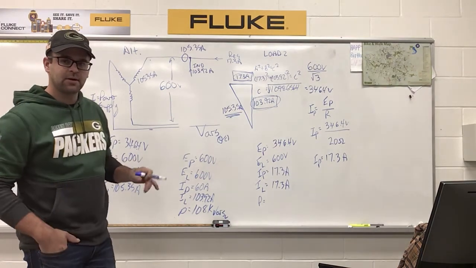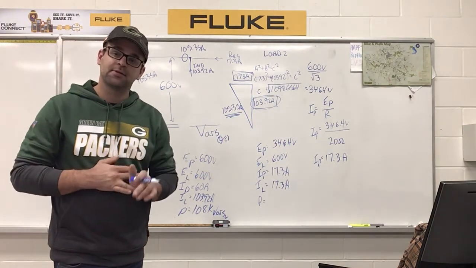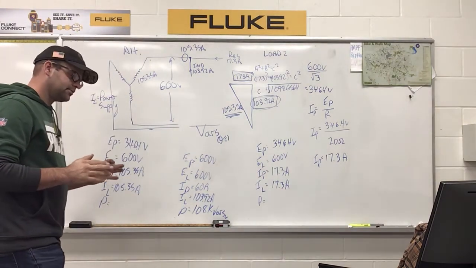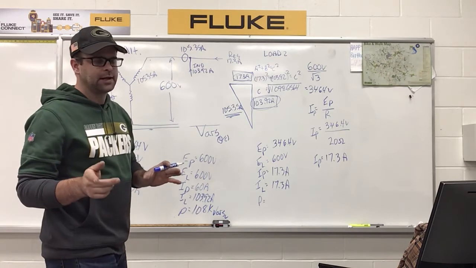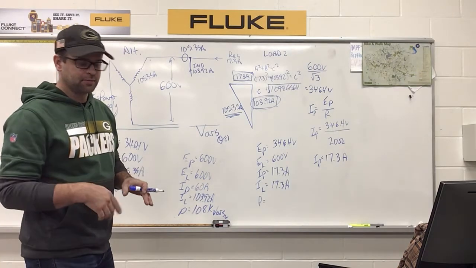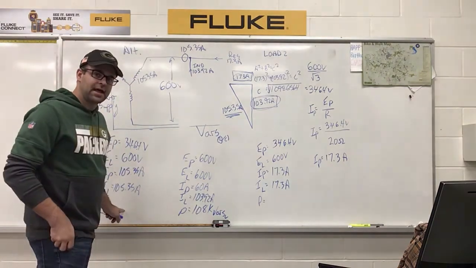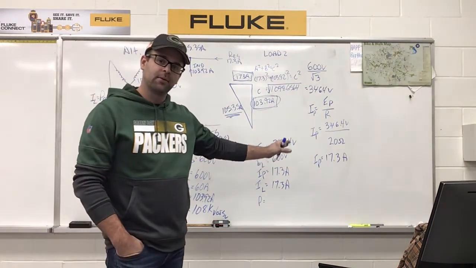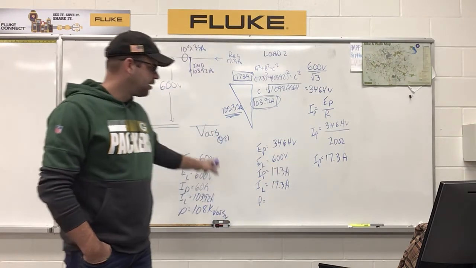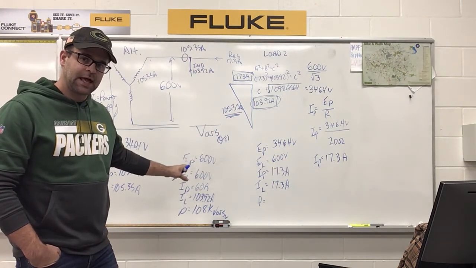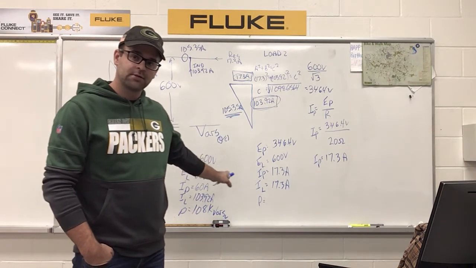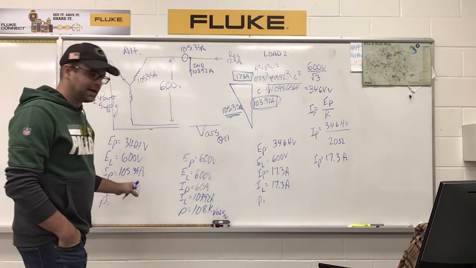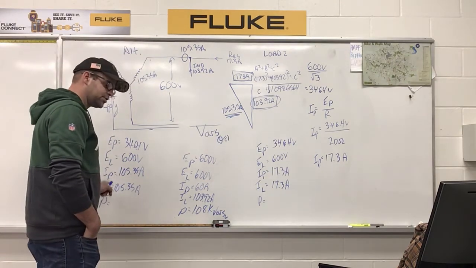And remember, anytime you have an inductor and or a capacitor in with a resistor, we are now going to have a volt amp power. So we've got our true power using resistors in watts. Our inductive is going to be power in VARs, and then our total power is going to be a volt amp.